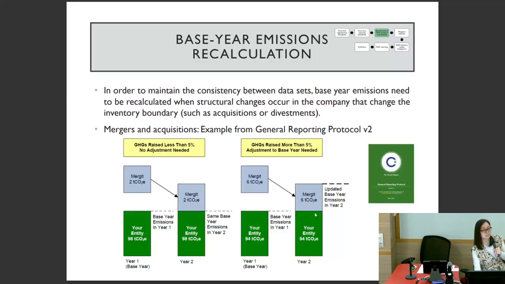Then in the base year calculations, this 6 would be 6% of the total base year emissions, which is larger than 5%. Then we will need to recalculate the base year emissions. So we have the new year and the base year. If in the new year we acquire or divest a company and it leads to a very significant change in the base year emissions, larger than 5%, then we have to recalculate the emissions of the base year.